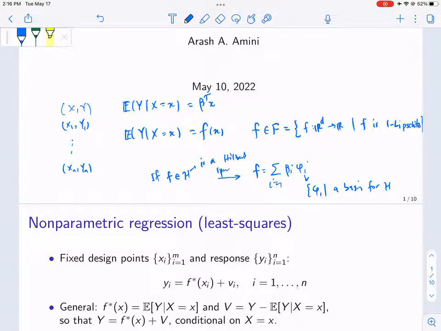Then f can be written usually like this, where phi_i, i from 1 to infinity, is a basis for H, and these betas are in R. And so this looks like a parametric model.